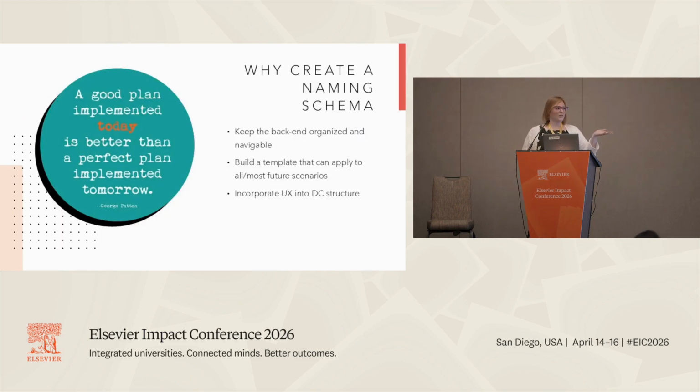One of the first things that we ran into, we had talked with someone else who already had a Digital Commons instance, and they mentioned offhand how the back end can get really cluttered if you get a lot of structures going, and how organization could be helpful. I had several months where I started my job and we didn't even have a DC sandbox yet.